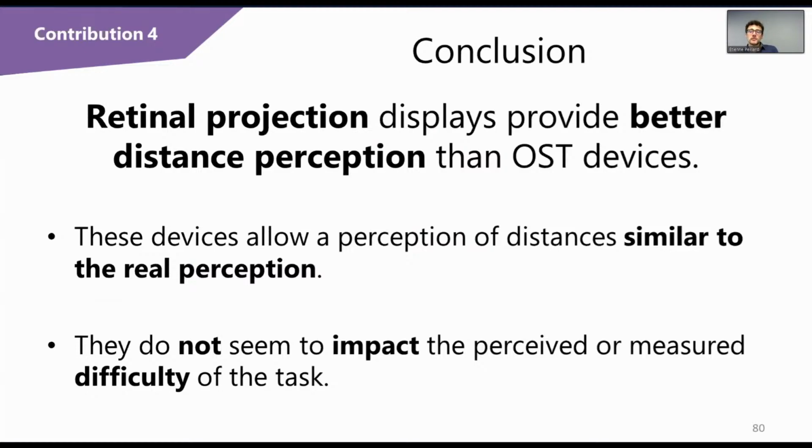We also evaluated the difficulty of the task, recording the precision of the participants and asking them to evaluate this difficulty. Yet, our results did not show any difference in difficulty between optical see-through devices and retinal projection displays. As I presented before, the main difference between RPD and OST is the focal distance.